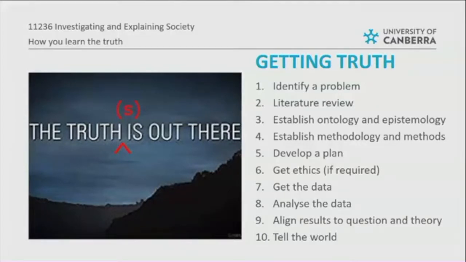All right, how do we identify truth? The 10 steps that are there, you're going to become very familiar with. Every week, I'm going to bang on about these 10 steps, because different points are going to be what we focus on in a particular week.